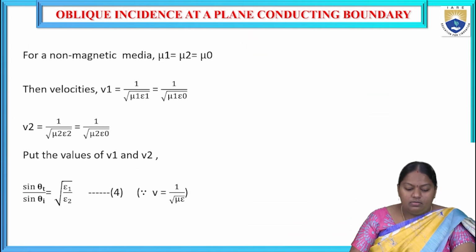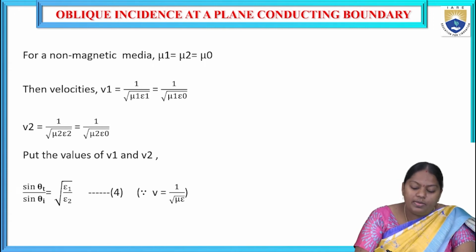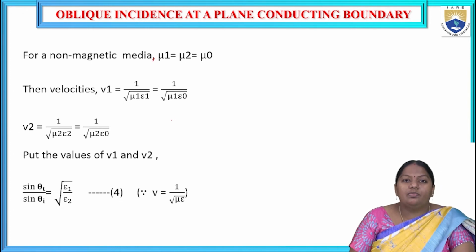Next, one more relation, to get another relation with the permeabilities. Now for a non-magnetic medium, as we know, mu is the permeability of the medium in magnetic fields.